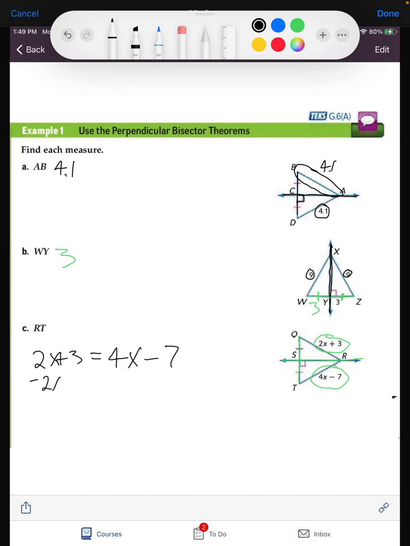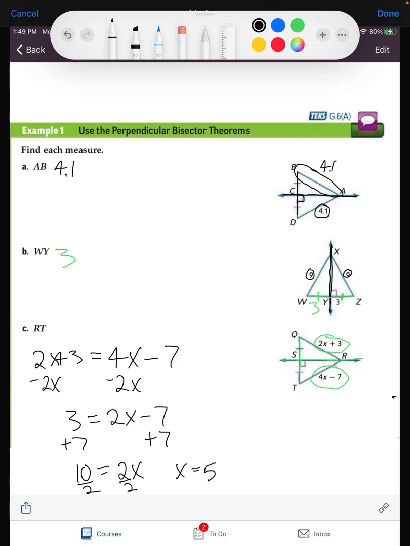Let's subtract 2x from both sides. We get 3 equals 2x minus 7. Let's add 7 to both sides. We get 10 equals 2x. Divided by 2 on both sides, we get x equals 5.